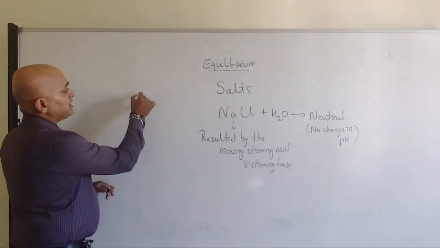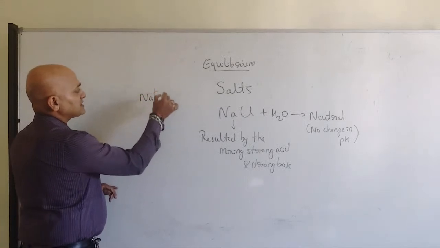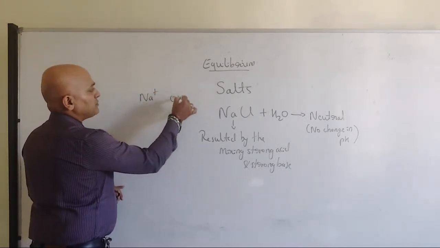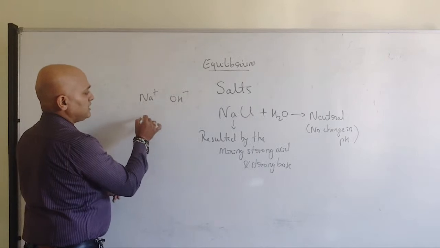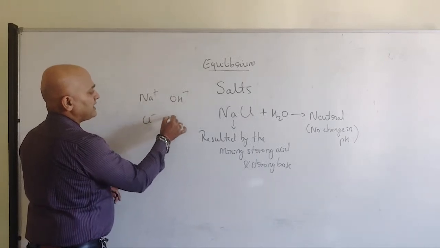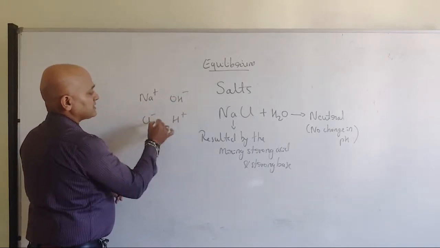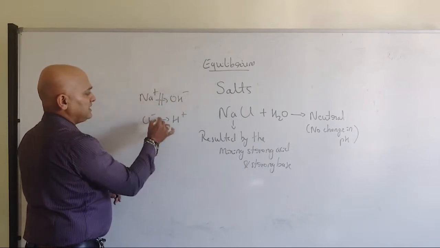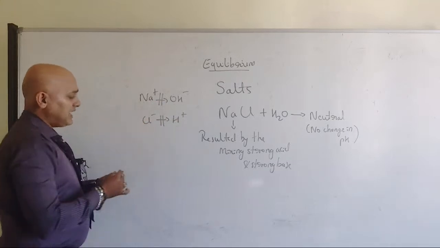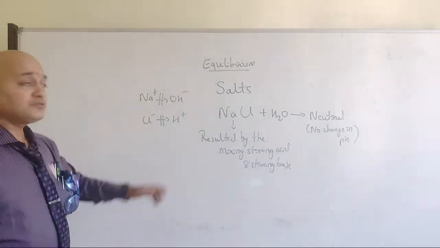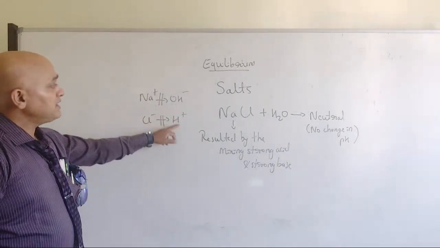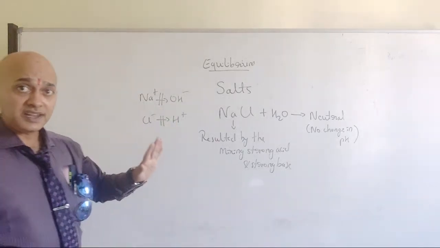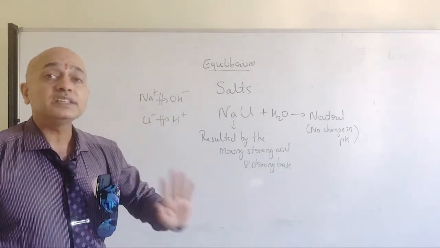So what I mean to tell you is, we have Na plus, OH minus, since water is neutral, then we have the Cl minus and H plus. It is not going to take up the OH minus, and it's not going to take up the H plus. So due to that, what will happen? Whatever H plus and OH minus concentration is there will not be disturbed.